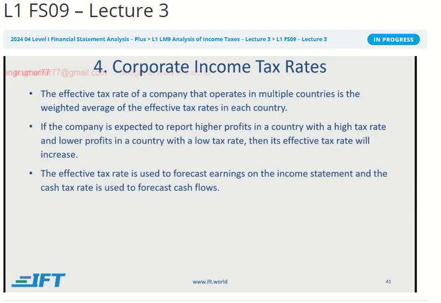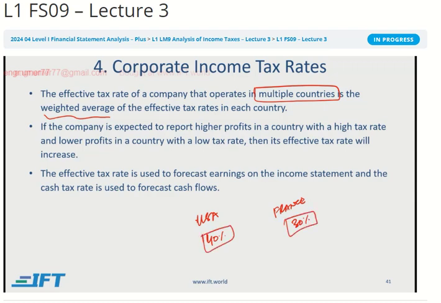Now, for a multinational corporation, you have to look at the weighted average because it's going to be paying tax in multiple countries, right? Let's say the USA and France. Just as an example, let's say the tax is 40% in the US and 30% in France. If they have 50% of their revenue coming from the US and 50% from France, then we'll just take an average of 40 and 30, right?